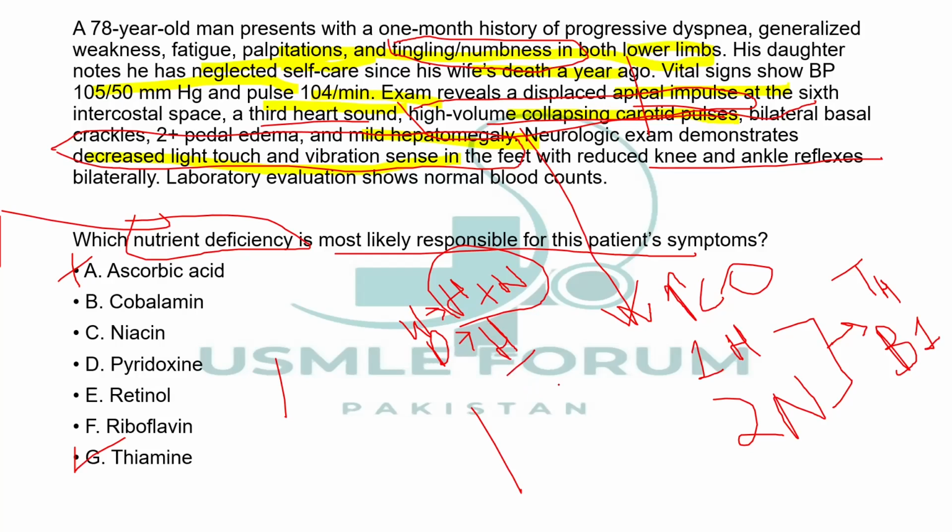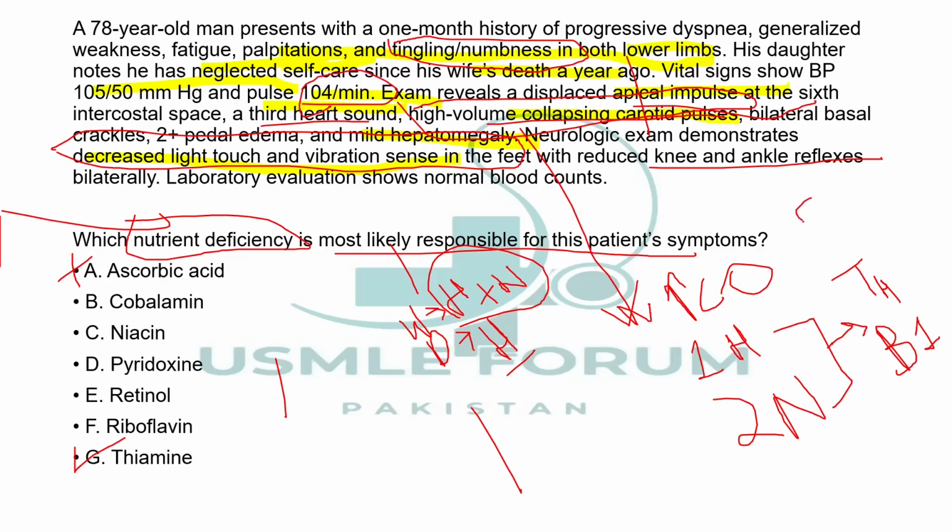There is a pathology associated with it, and I'm just going to tell you the important high yield aspect. When thiamine is deficient in the body, there is accumulation of lactate. When lactate accumulates, vasodilation occurs. When vasodilation occurs, the heart starts to pump more blood. You can see the pulse is 104 per minute.